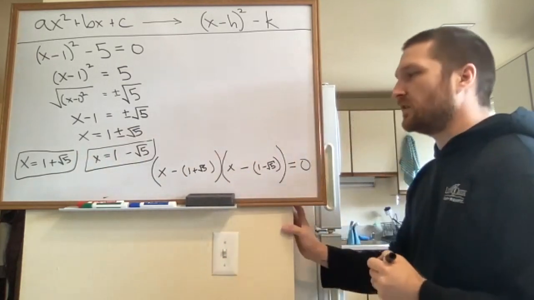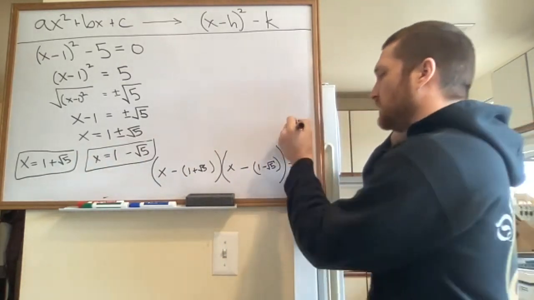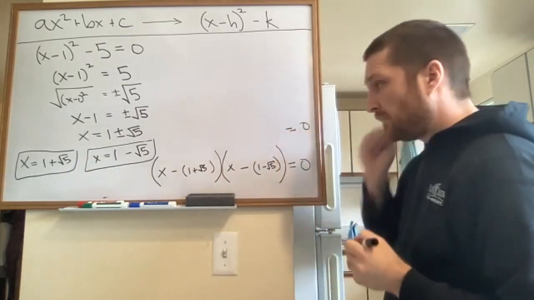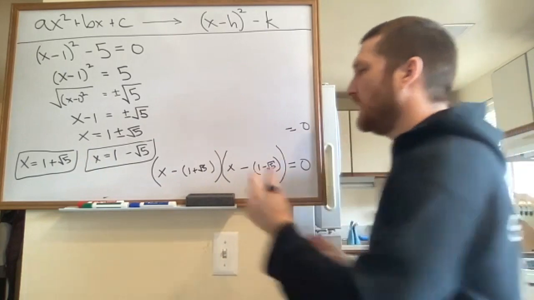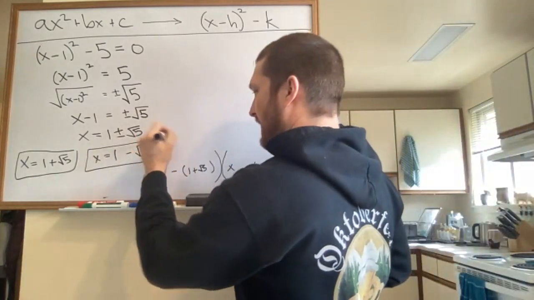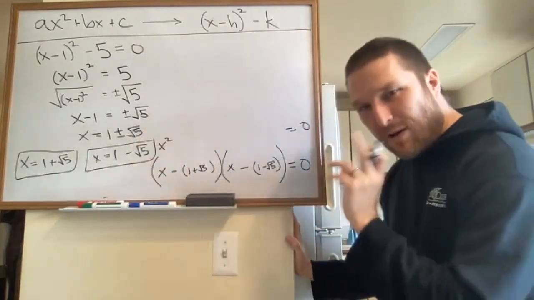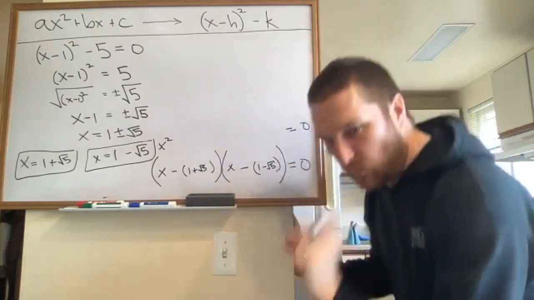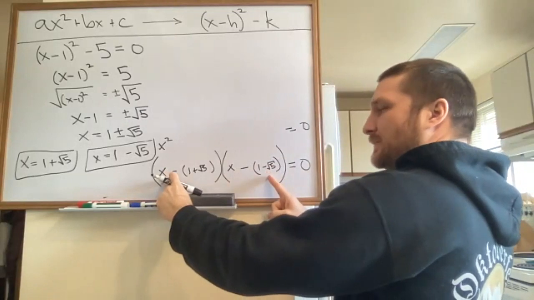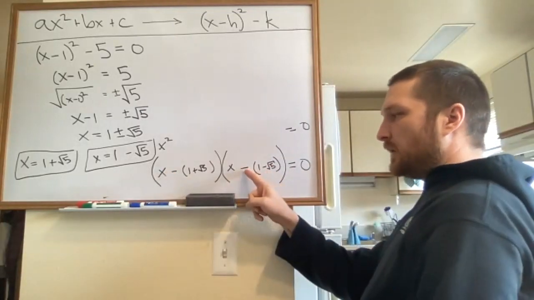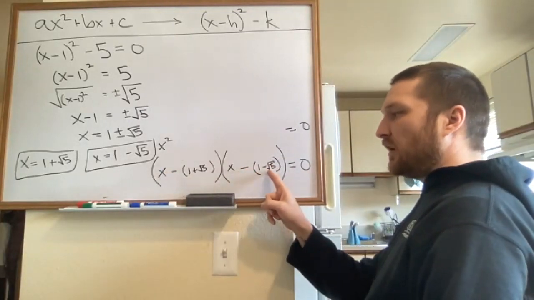Okay, so let's do this. First, outer, inner, last gives me what? X squared. Now, this is ugly, and this is how I'm going to do it. So watch what I do. I'm going to say, okay, outer is x times this. Well, that's a negative in front of some number.